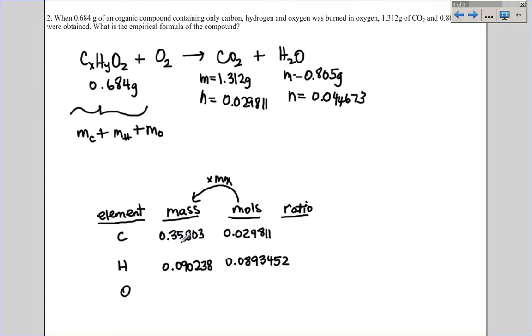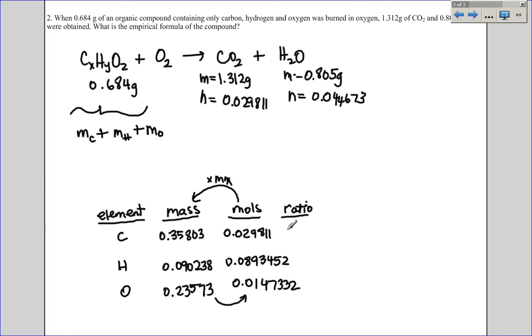So by taking the 0.684 and subtracting the mass of the carbon and the mass of the hydrogen, we are left with a mass of 0.23573 grams of oxygen, which I can then use to determine its moles by dividing by 16, which is the molar mass of oxygen, and that is the moles of oxygen.